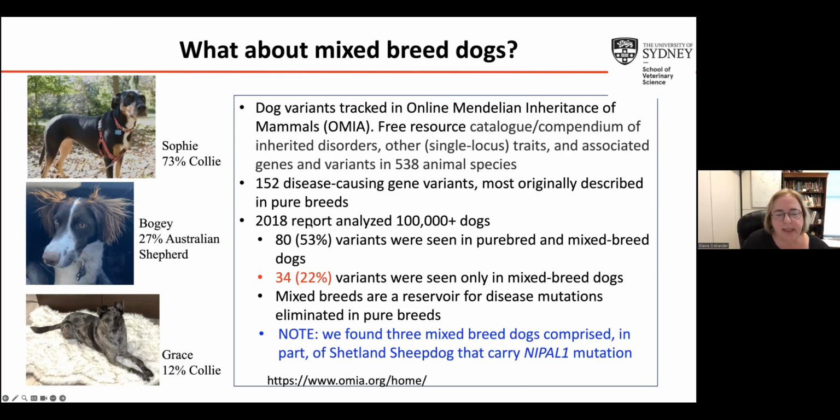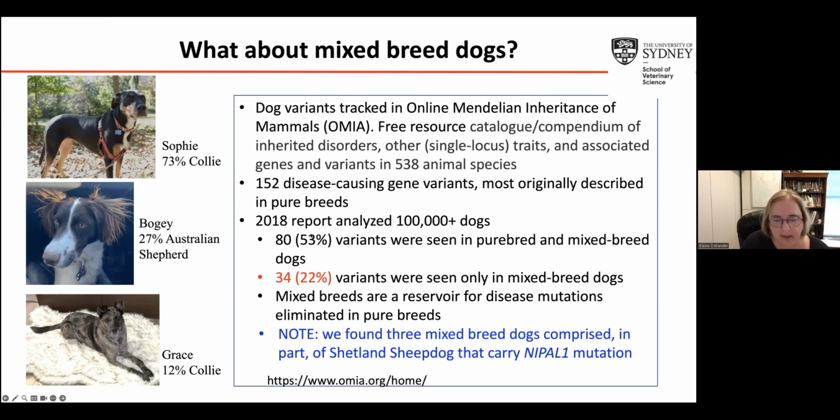Now, in 2018, a report was published on 100,000 dogs to see how many of these 152 variants could be found. 80 of them were seen in purebred dogs and in mixed breed dogs.